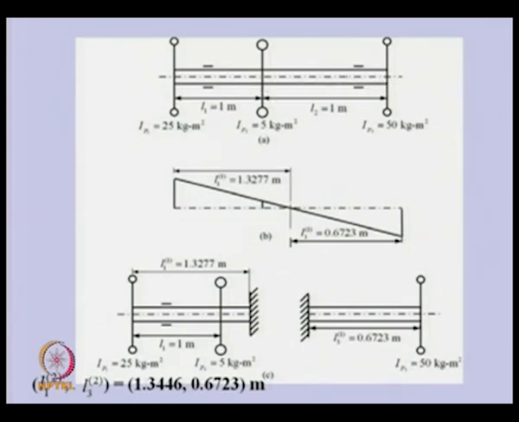So in this combination, this is the feasible one, because we can have a node here, but the other 1.3446 is coming here only. It is not possible to have two nodes in between these two discs, because we are not considering the inertia of the shaft. So this has no relevance, only this is possible.